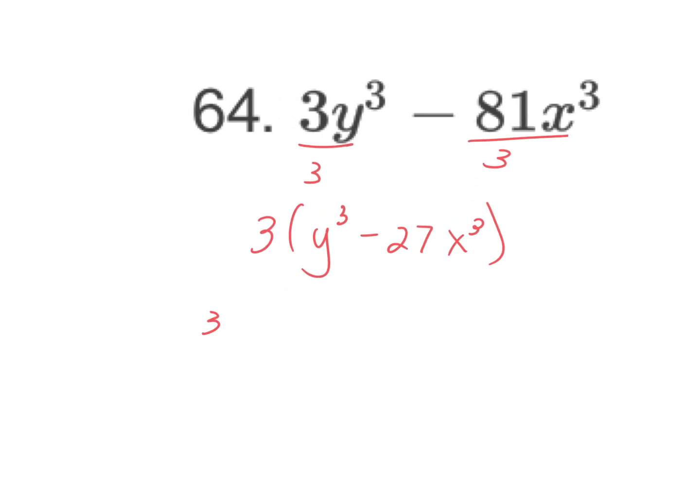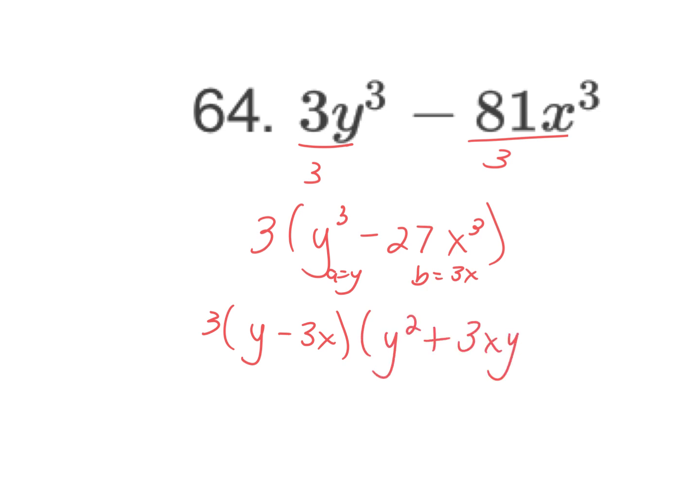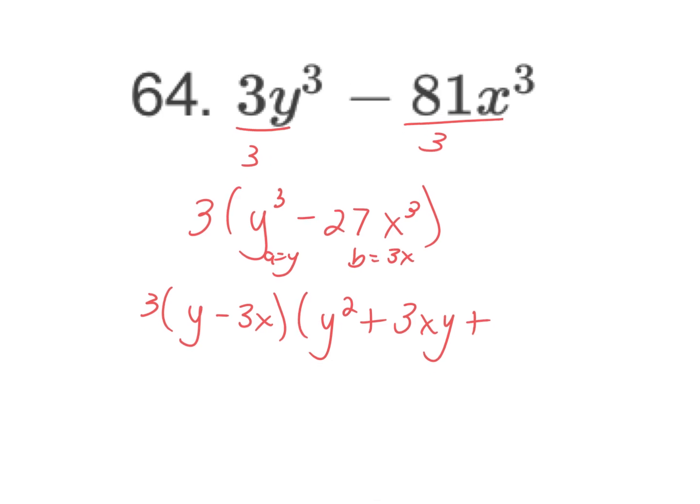So I have 3, my a term here is y, my b term is going to be 3x. So I have y minus 3x, then we'll have y squared plus 3xy plus, when I square 3x, remember this 2 goes here and here, so this becomes 9x squared.